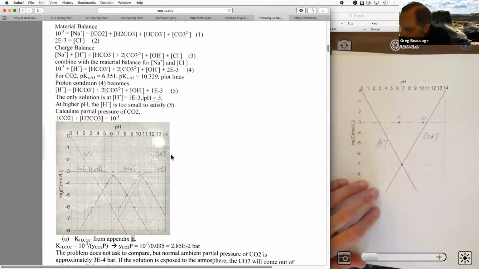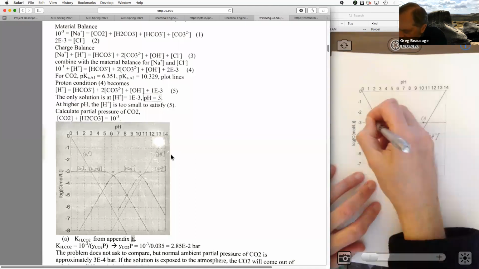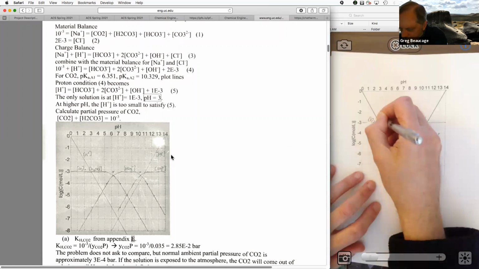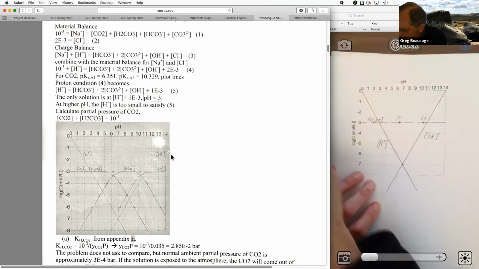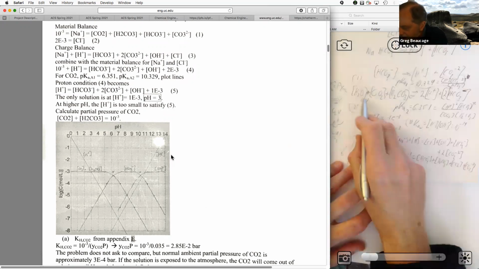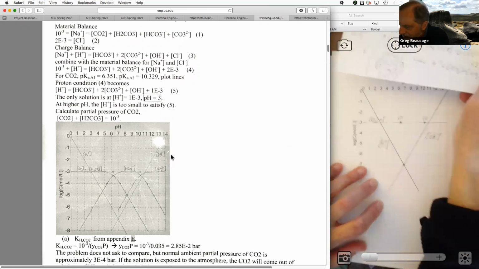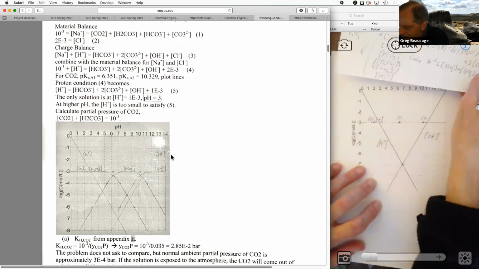Right. So then I can draw my components on this. Over here, there's going to be CO2 and H2CO3. This is this reaction. CO2 and H2CO3, that's reaction 2.